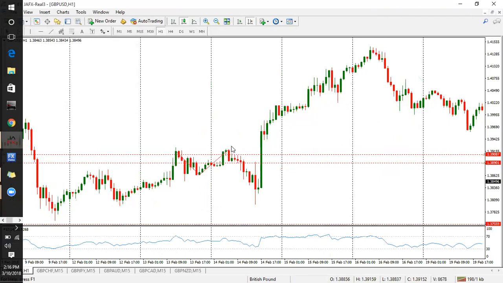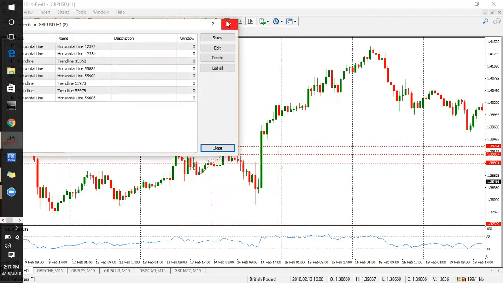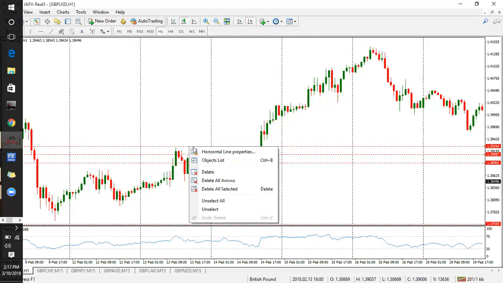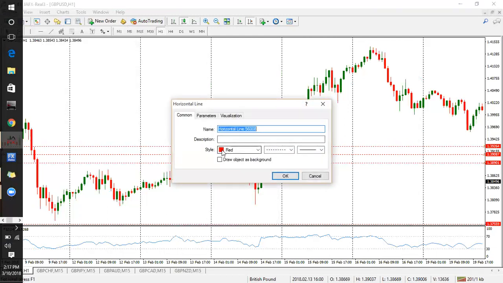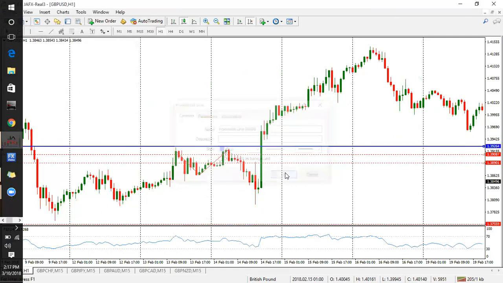Although this place is at the same range as this other place, there's a very solid resistance at this point. Let me change this color so we get it better, and make this line thicker.